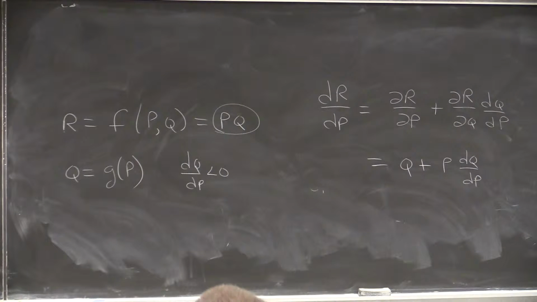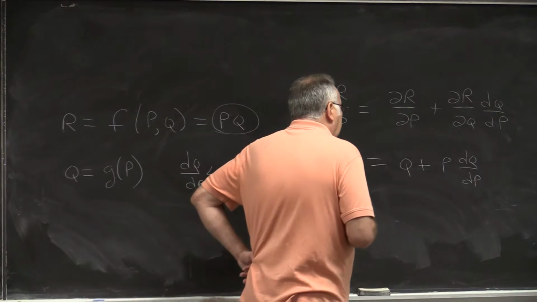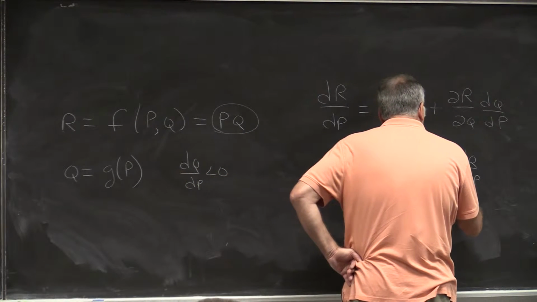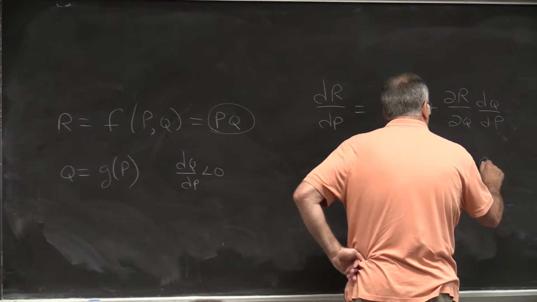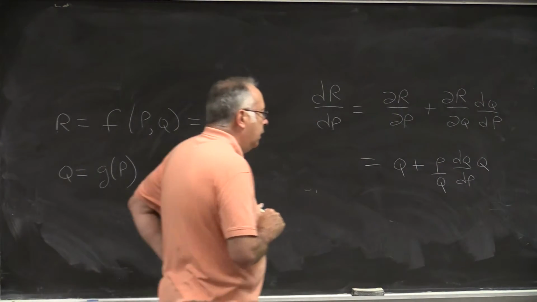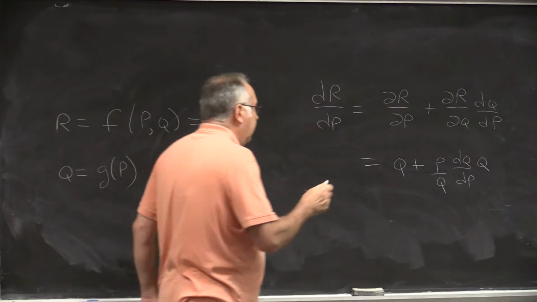Let me just play around with this a little bit, and we'll express this in terms of the price elasticity of demand. Notice I could put a Q down here as long as I put a Q up here. Because Q over Q is 1. So I can put 1 in the denominator as long as I stick 1 in the numerator. Then, what is this expression right here?